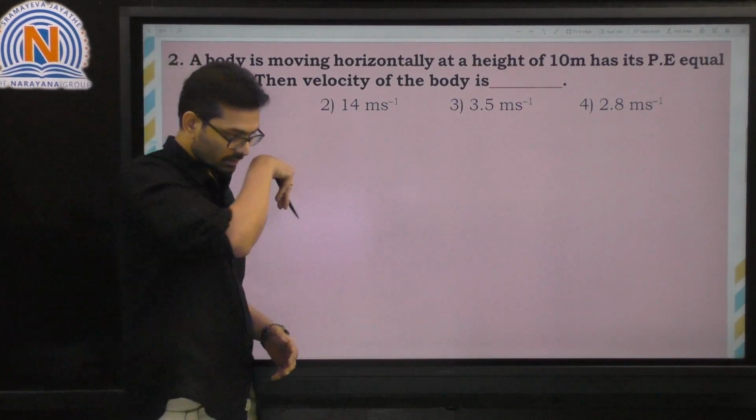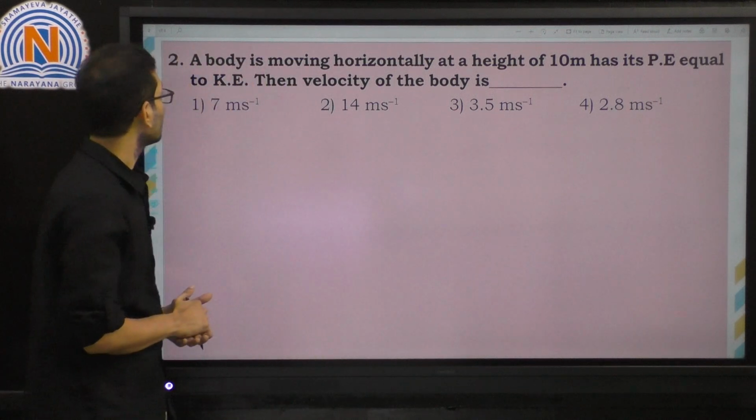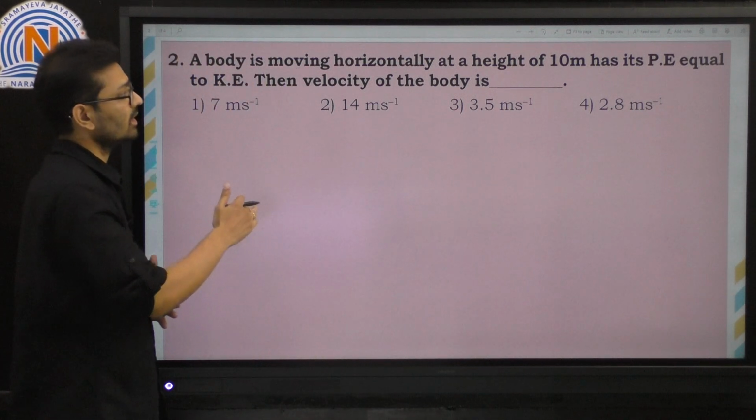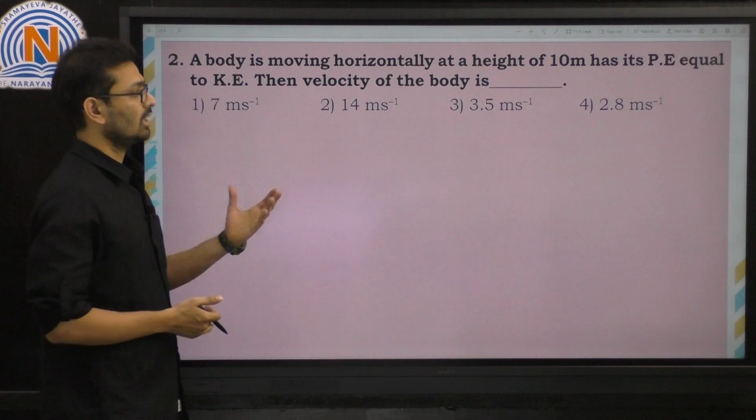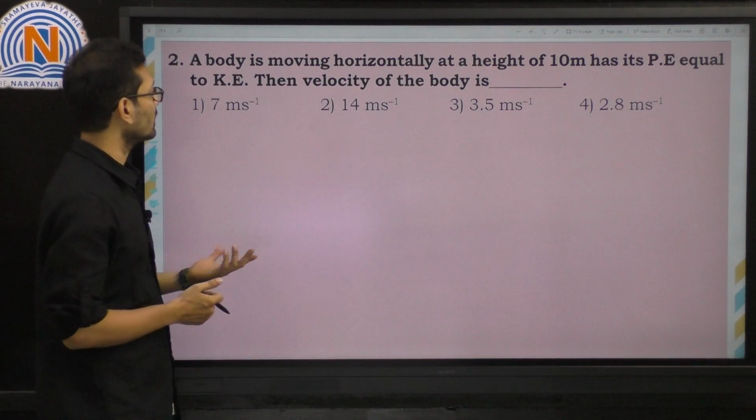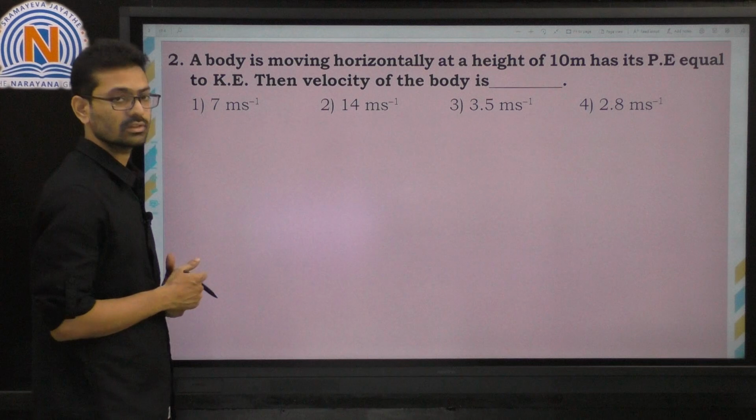Now in this question, a body moving horizontally at a height of 10 meters has its potential energy equal to kinetic energy, then the velocity of the body is.